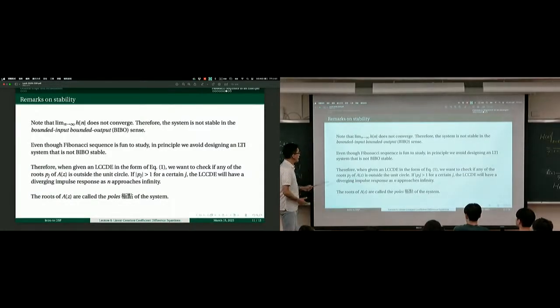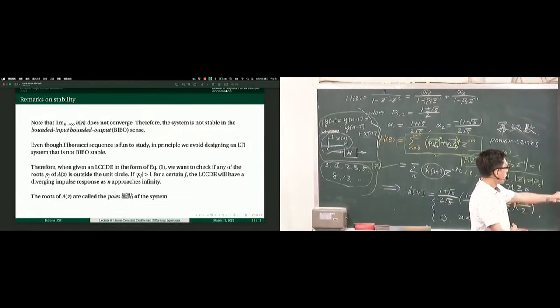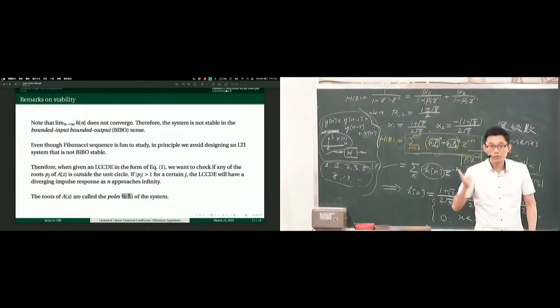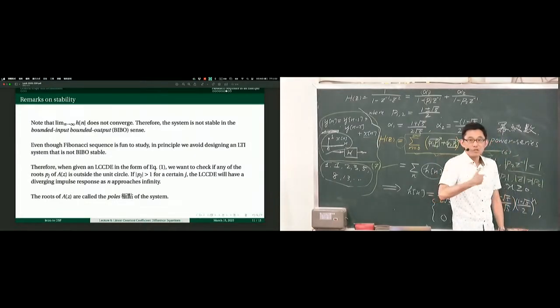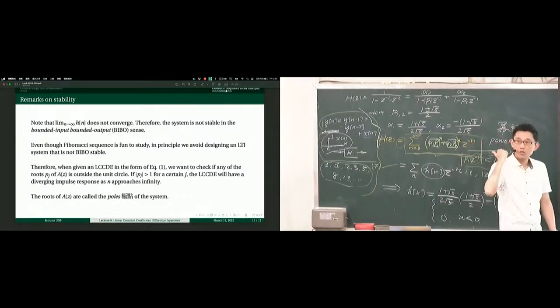So even though the sequence is fun to study, in principle, we avoid designing any system that is not BIBO stable. And we learned that, when you ask somebody to design a filter, you pay somebody to give you a difference equation.